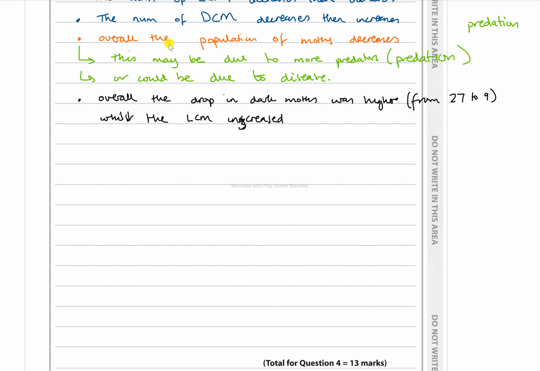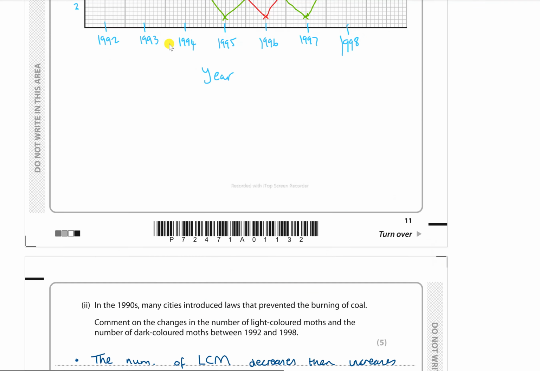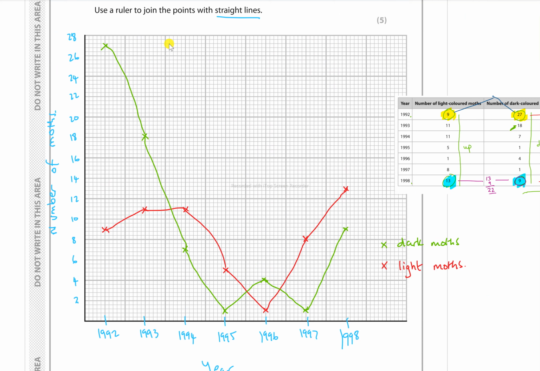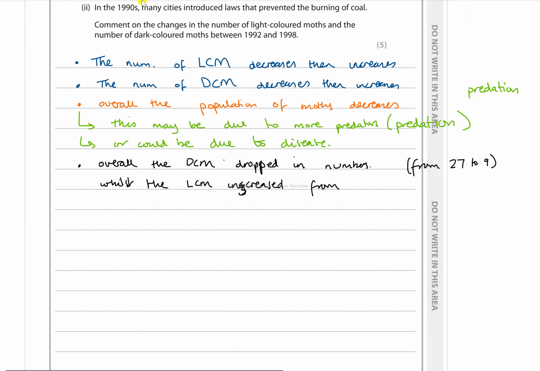Right, yeah, we can't say it was higher because that would make it... No, we need to reword that. Yeah, that would make the overall dark colored moths dropped in numbers, increased from 9 to 13.